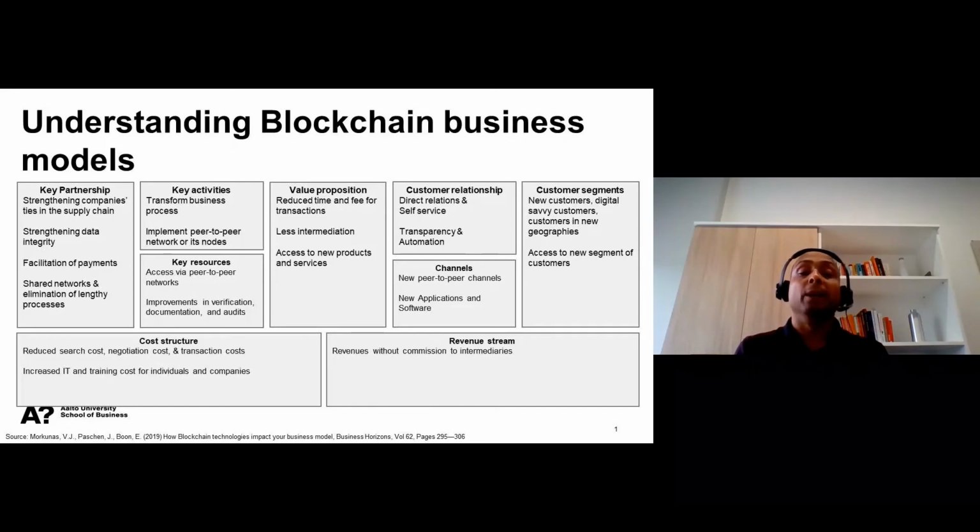The fourth element, value proposition, focuses on the unique proposition the focal firm implementing blockchain or digital ledger technologies offers to downstream partners or customers. Again, using blockchain or distributed ledger technologies, the focal firms offer reduced fees and time of transaction. The focal firm can also cut intermediaries and reach directly to customers.